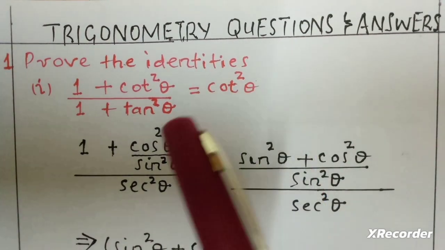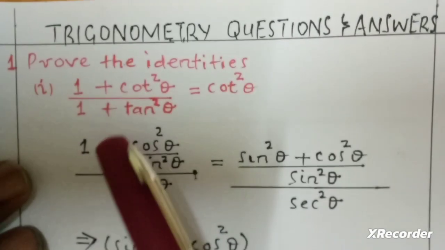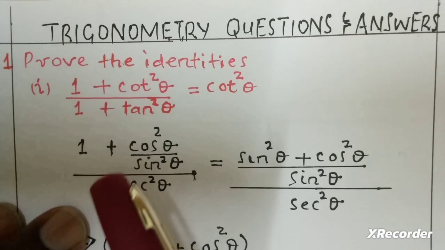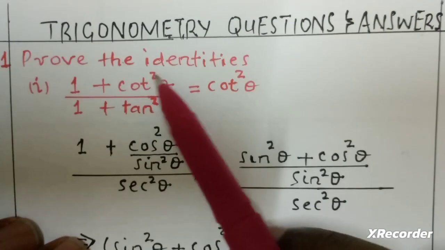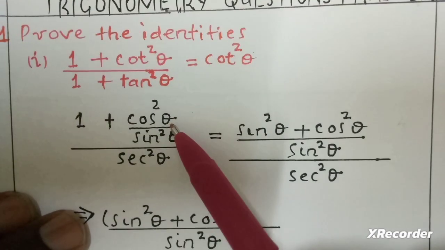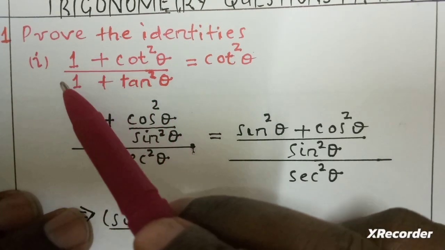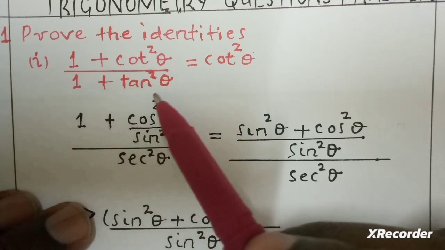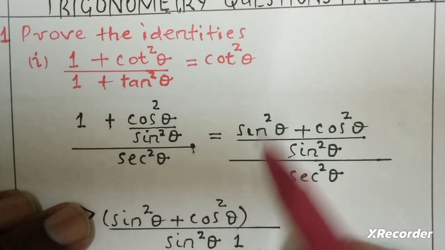Prove the identities. We have (1 plus cot squared theta) all over (1 plus tan squared theta) equals cot squared theta. So the first thing is that you write this in terms of sine and cos. If you write that, you'll get cos squared theta all over sine squared theta, all over 1 plus tan squared theta, which is an identity that is usually equal to sec squared theta.